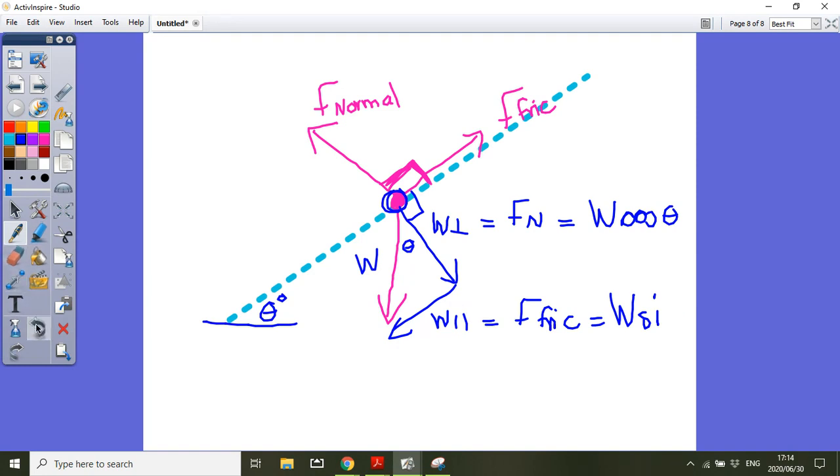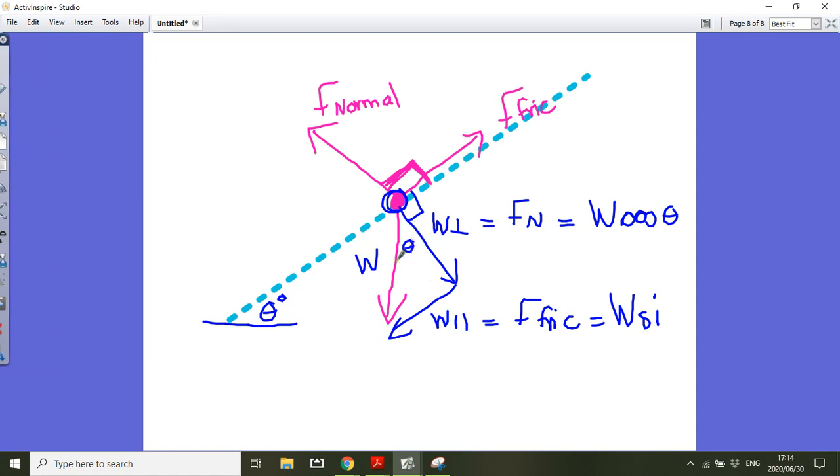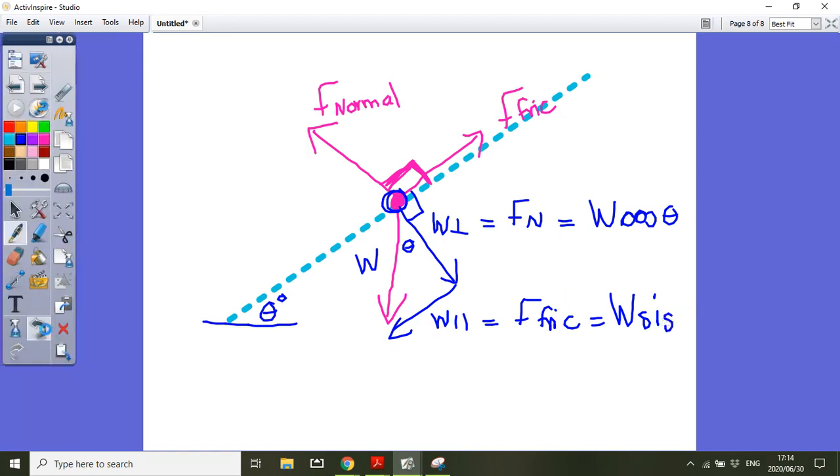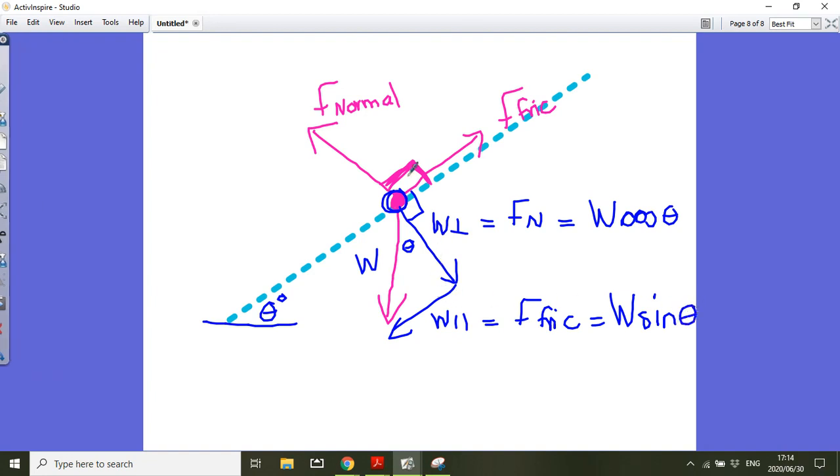Or you can just always go and draw your triangle because that will always make sense. So opposite over hypotenuse is going to be sine, so it's going to be W sine theta. And this is how you're then going to work out the forces on a slope.